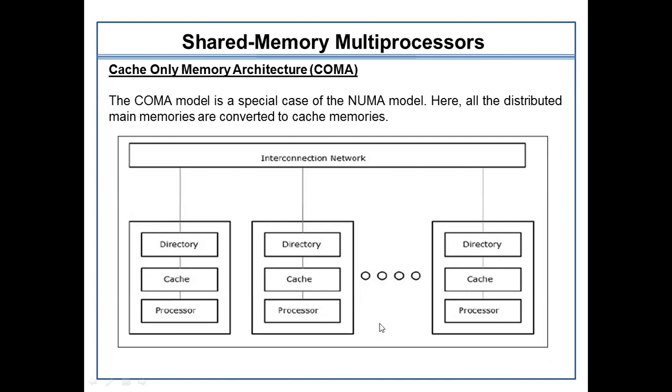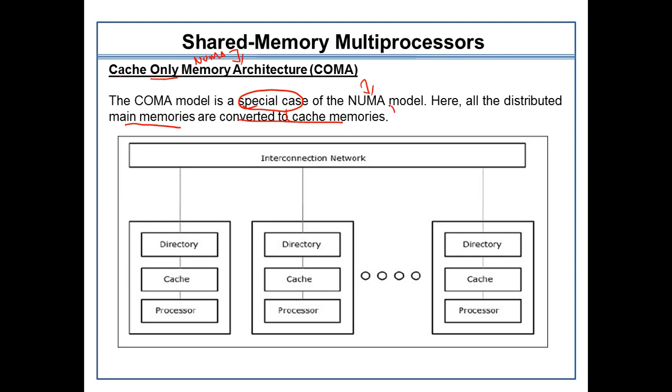Here we are going to learn the very last part of the multiprocessor system, which is COMA, the cache only memory architecture. You can see that it is a special case of the non-uniform memory access model, or you could say the enhanced version of NUMA. What is it? Here all the distributed main memories are converted into cache memories.